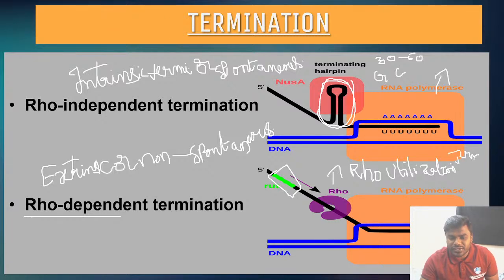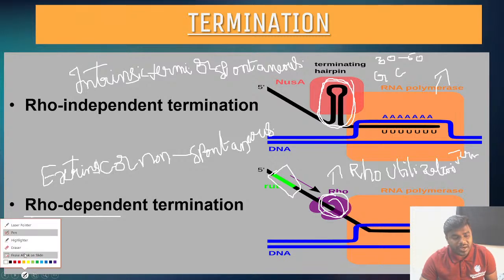Via this RUT sequence, the Rho protein comes and attaches. Then the Rho protein provides extra support for the RNA to pull it out. As a result, the RNA breaks away from the DNA and the RNA polymerase enzyme gets dissociated. Very simple point.